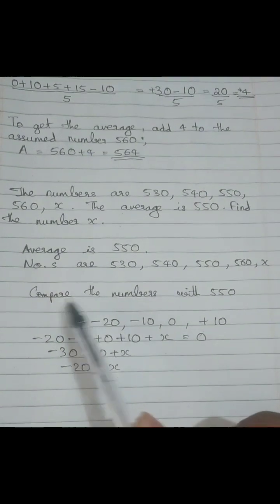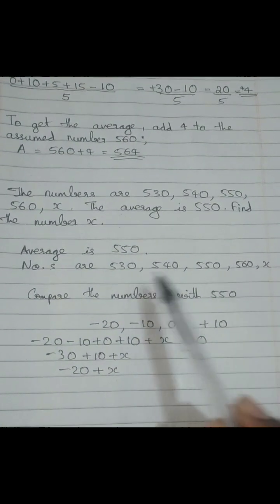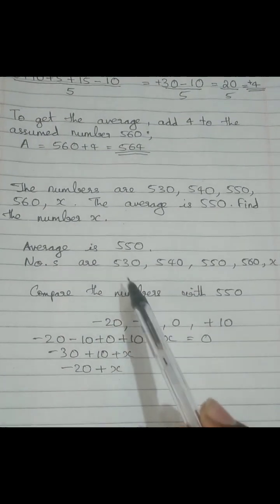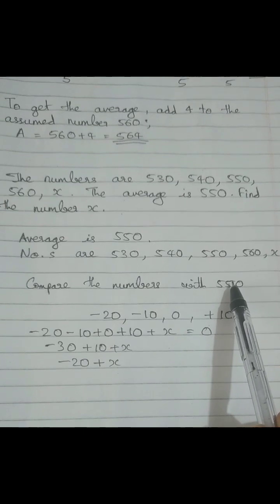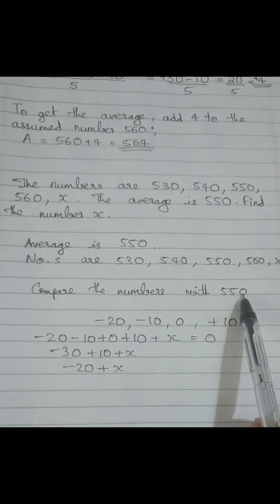Next step, we compare these numbers with the average 550. Comparing 530 with 550, there is minus 20, because when we add 20 to 530 we get 550.